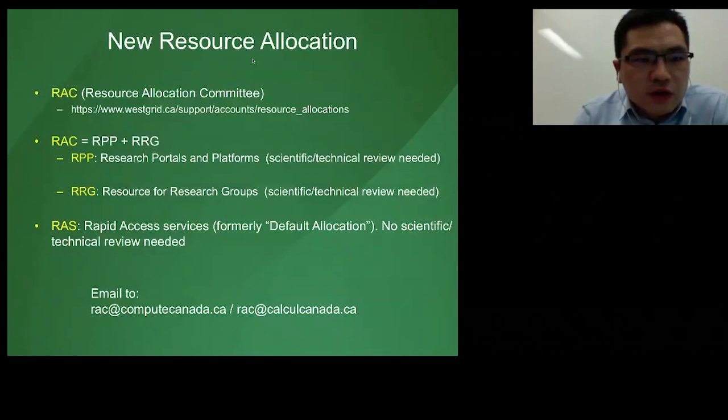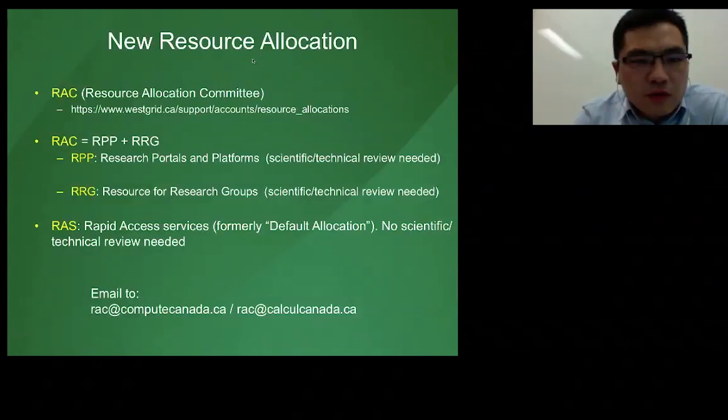RAC allocation includes two parts. First is RPP, and the other is called RRG. RPP stands for Research Portals and Platforms. If you apply for RPP resources, a scientific and or technical review is needed.